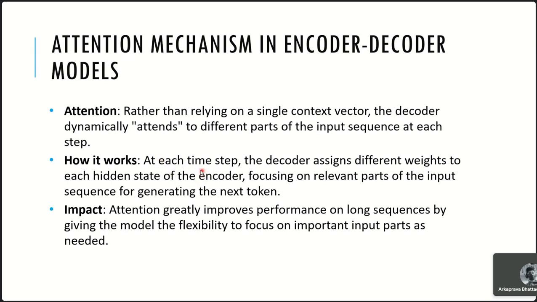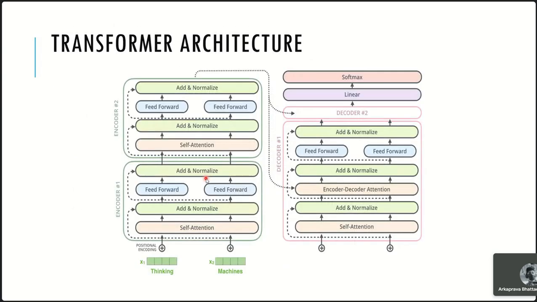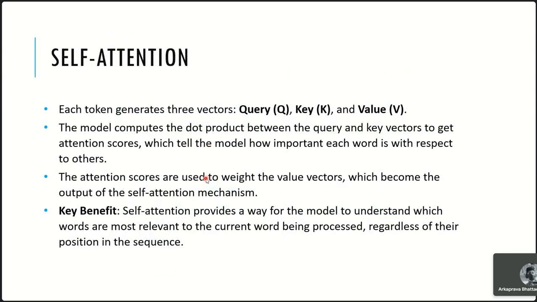Now, how does this actually work? That means, how does the decoder assign different weights to each and every hidden state? It is by using something called query, key, and value components. Your attention mechanism works in this form.